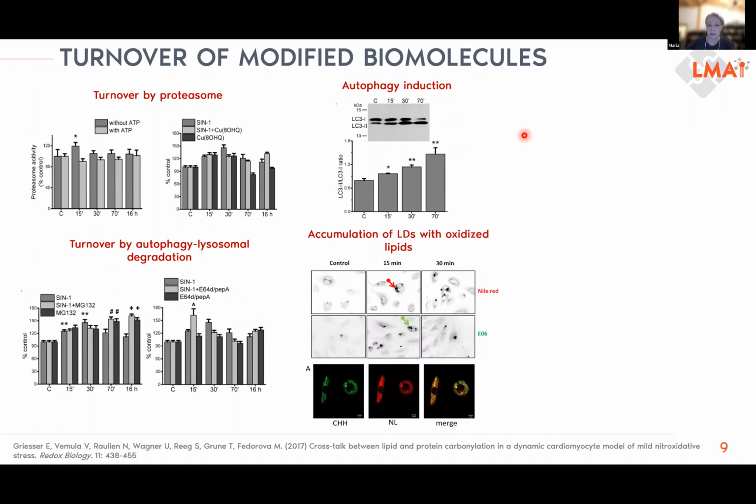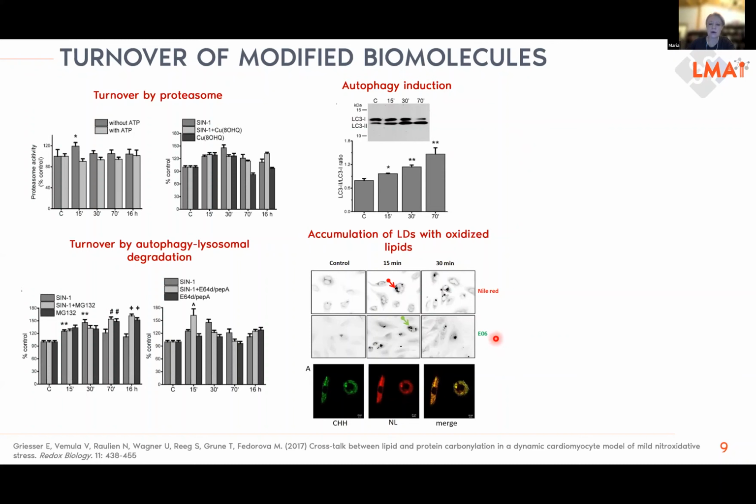Additionally, in parallel with activation of autophagy induction, we also started to see some structures accumulating in our cells, which stained very positively with Nile red. So we can think that they are lipid droplets. Additionally, they stained positively with an antibody against oxidized phosphatidylcholines.